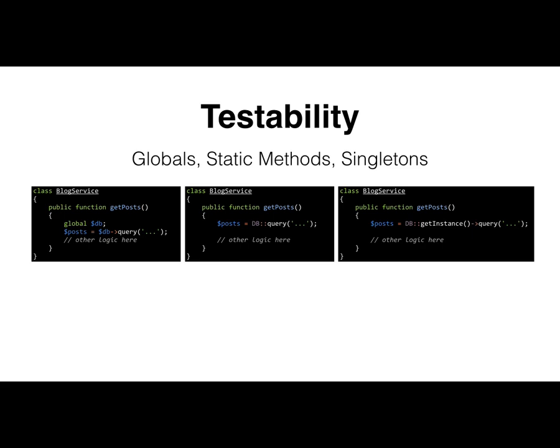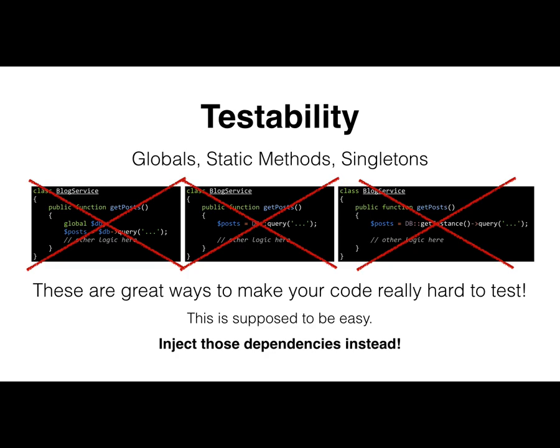It's tricky and it's complicated, and again, the whole point is to make your code easy to test. And singletons, same thing. If you need only one instance of a class, just create one instance. By doing this, any class that's using this database via the get instance is not going to be able to be mocked either. So just inject them, inject the dependencies. It's really easy.